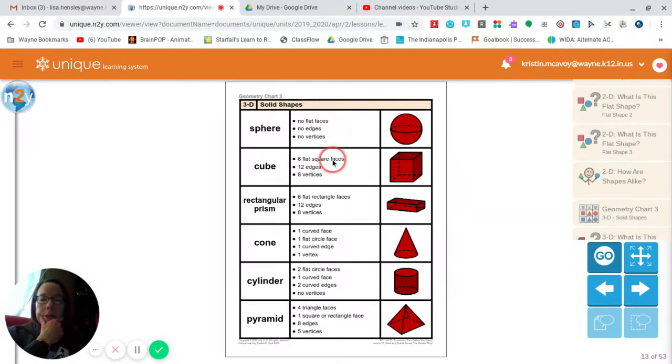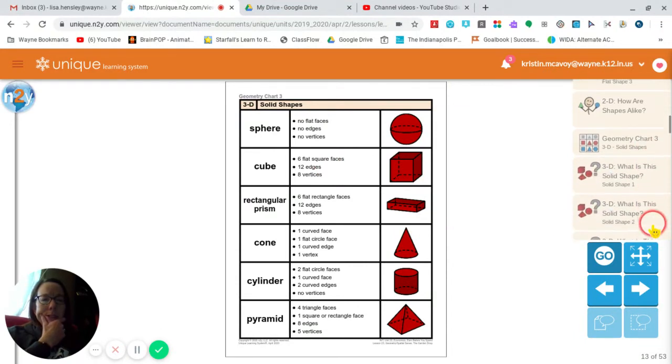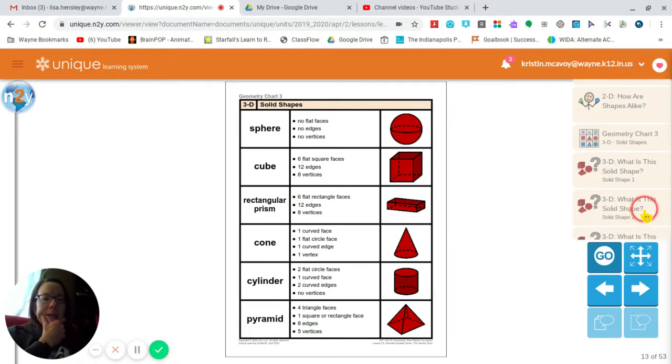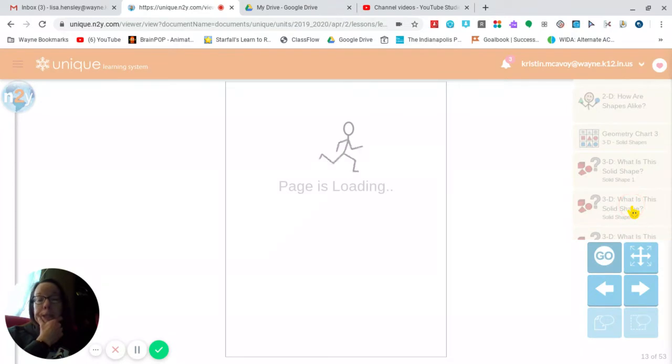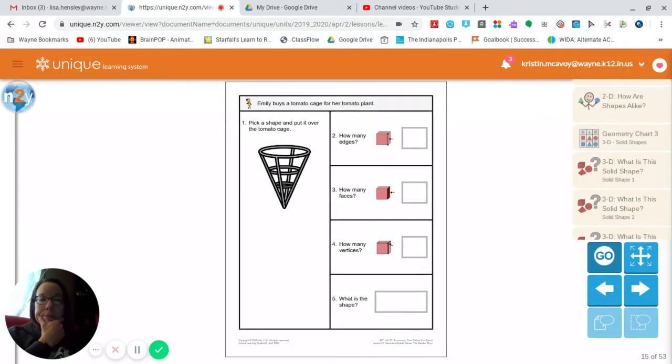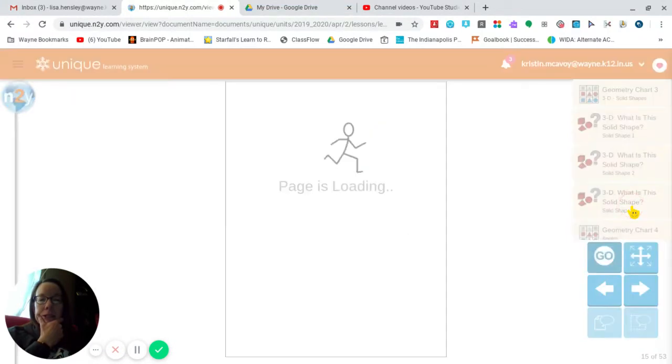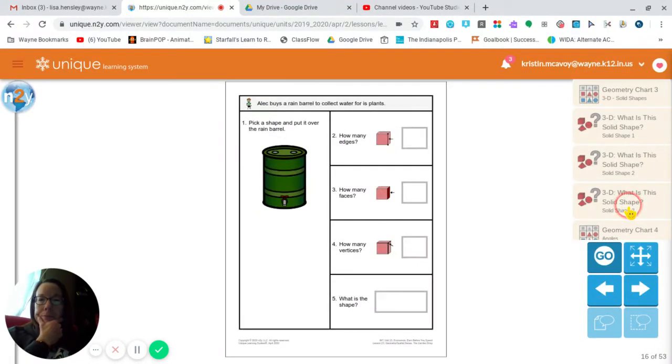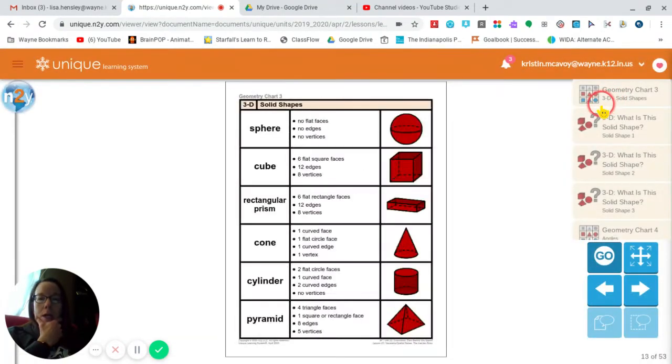I don't remember, what is the solid shape? Okay, today, so let's look at the shape. So we focus. So we have this shape to look at and this shape. Okay, so if we look here, specifically, we need to look at the cone and the cylinder.